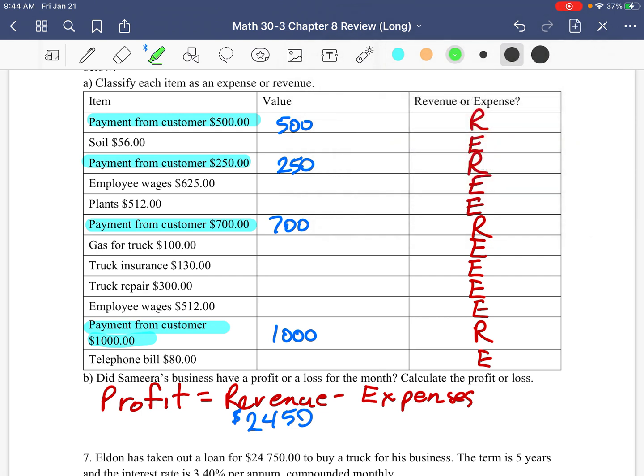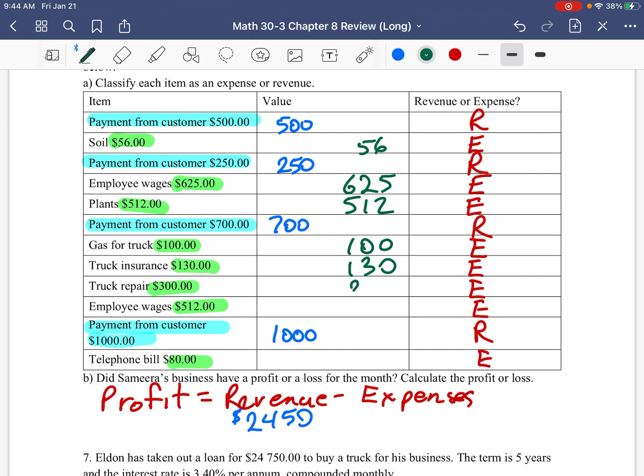Now, expenses. Let's see what other colors we have here. Green. So expenses are everything else. Soil, wages, plants, gas, insurance, repair, wages, bills. So that's $56, 625, 512, 100, 130, 300, 512, and 80.